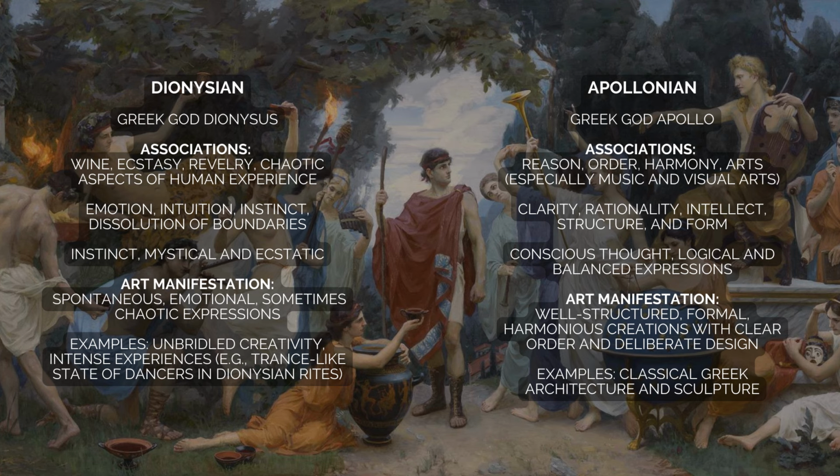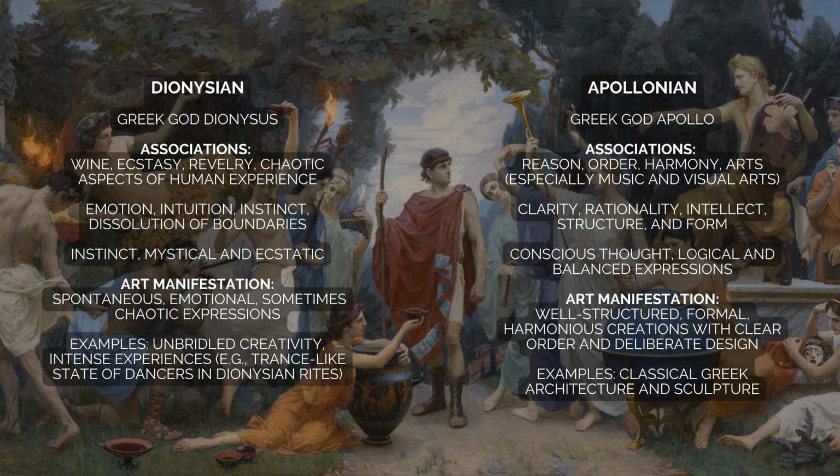Regarding the Apollonian, it is named after the Greek god Apollo, and this aspect is associated with reason, order, harmony, and the arts, particularly music and visual arts. And it embodies qualities such as clarity, rationality, intellect, and the ability to impose structure and form.